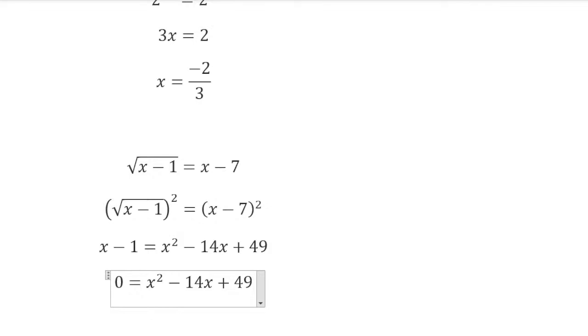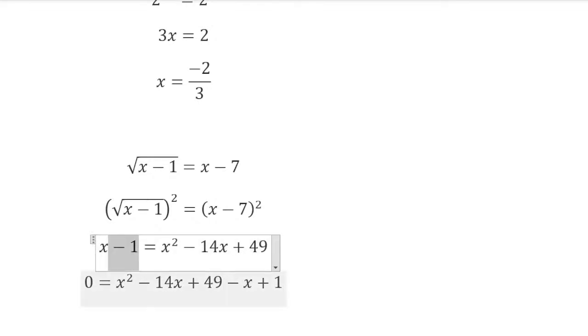Remember, the x on the left hand side was a positive, so the x becomes a negative. And 1 on the left hand side was a negative, so on the right hand side it becomes a positive 1. So we have x squared minus 14x plus 49, then minus x, and plus 1.